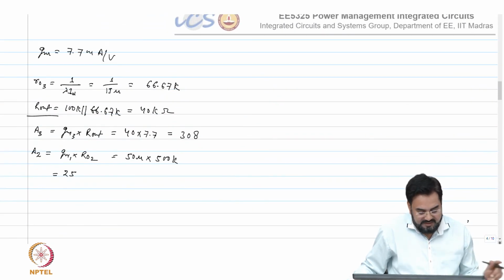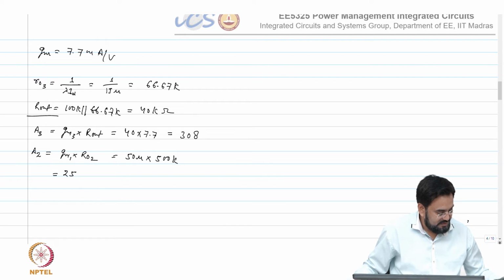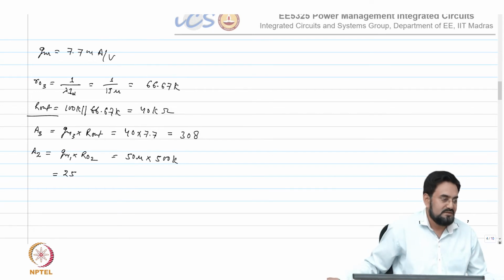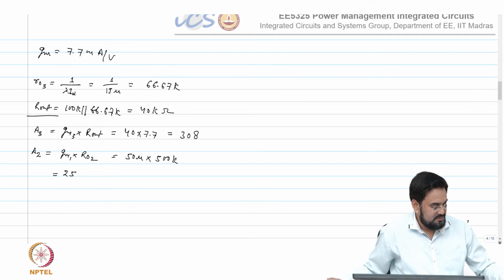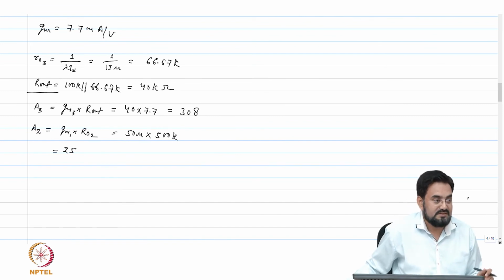So now your overall gain is obviously not small, it's pretty large actually. 25 multiplied by 7700. So how much is it in dB?